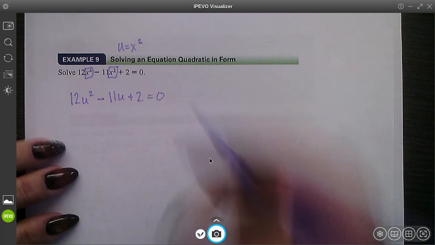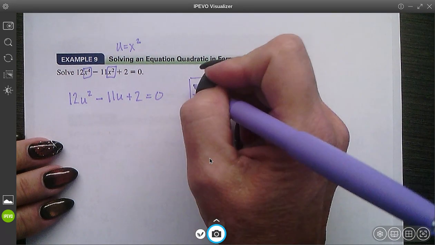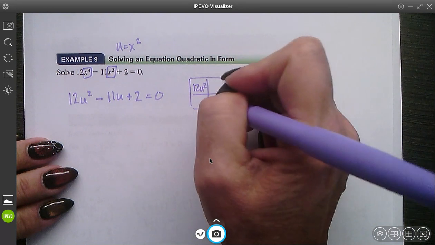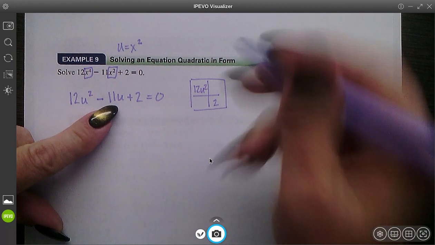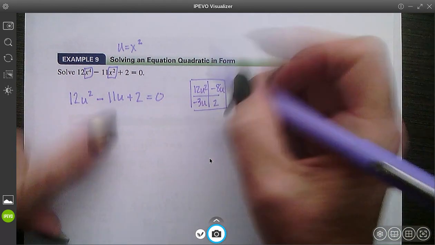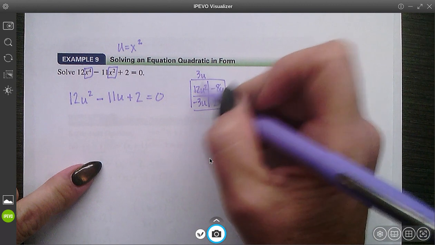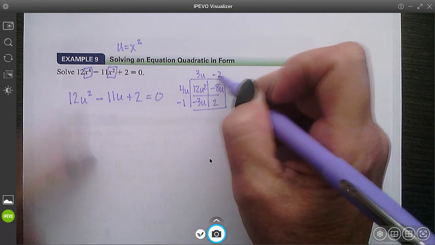And then I'm going to factor. So I need to know what multiplies, let me write in there 12u squared, 2. What multiplies to 24u squared but adds to negative 11u? So negative 8u, negative 3u. 3u here, 4u here, negative 1, negative 2.